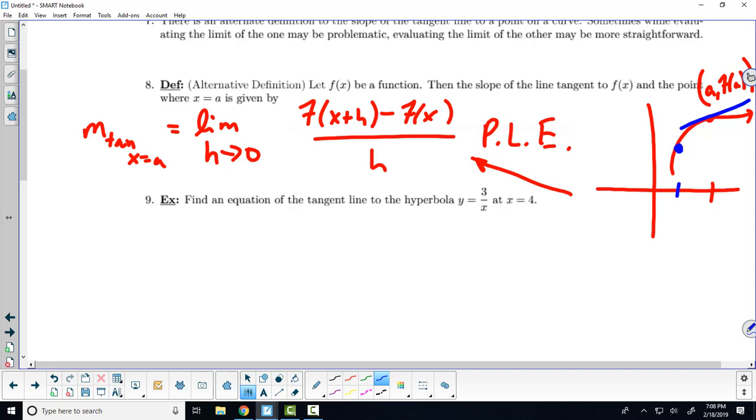Rather than labeling this other ordered pair x comma f of x, I'm going to label it a plus h comma f of a plus h, because h stands for some small quantity usually. And then what does h do? h gets smaller and smaller. As h gets smaller and smaller, this ordered pair gets closer to a comma f of a. So it's the exact same idea, but given in a different formula. All right.